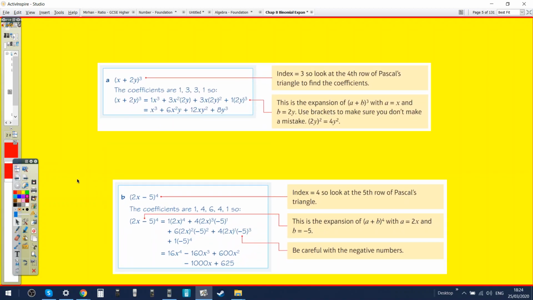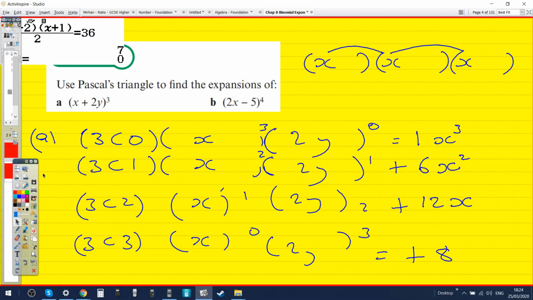What about the y's? Yeah, we forgot those y's, didn't we? So what about the y's then? There is no y in the first one, I think.